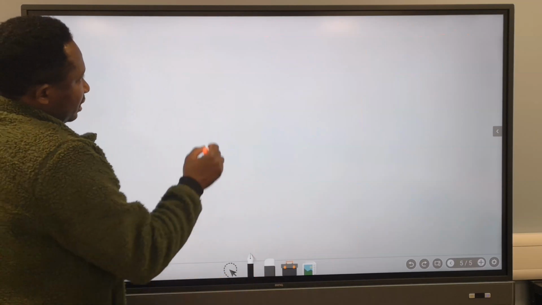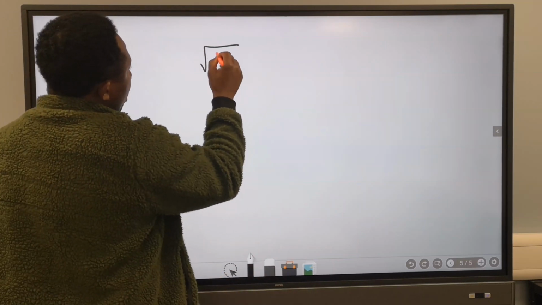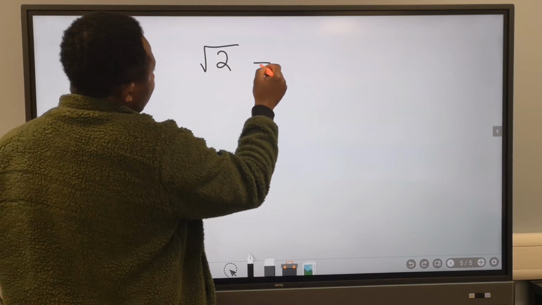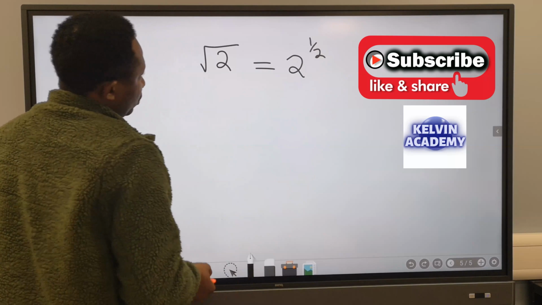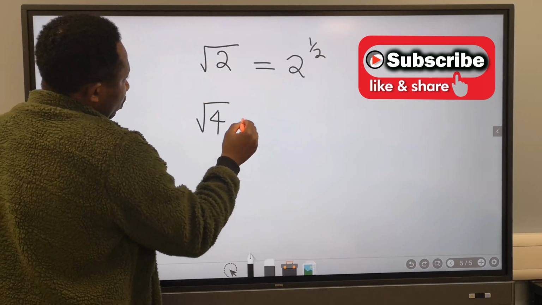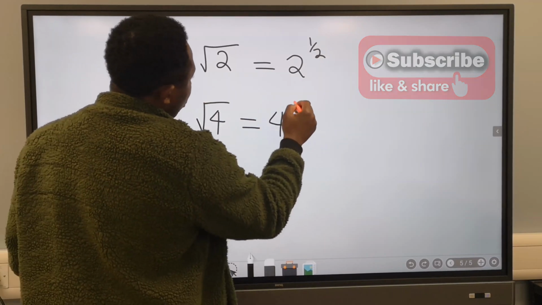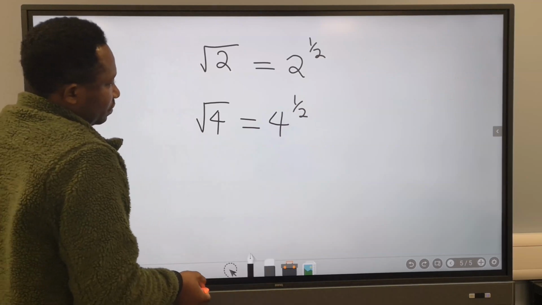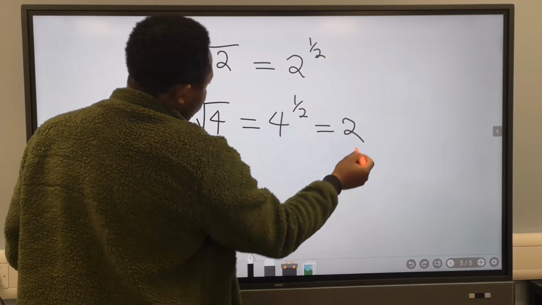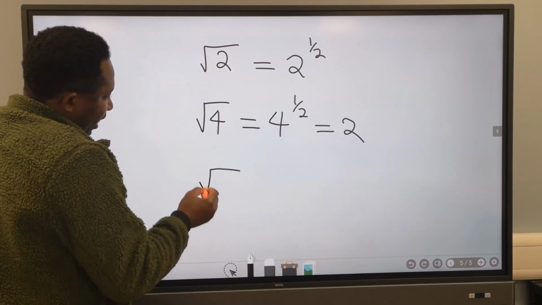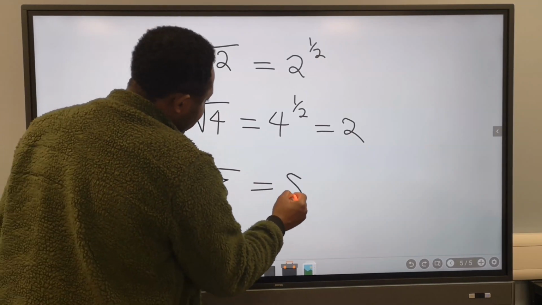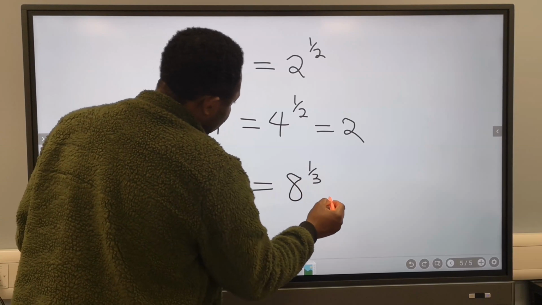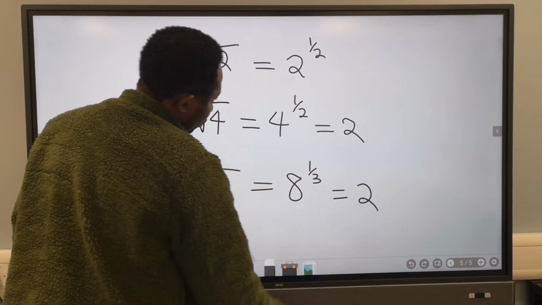In mathematics, if I have the square root of 2, this is the same thing as saying 2 to the power of 1 over 2. The square root of 4 is the same thing as saying 4 to the power of 1 over 2, and this is 2. The cube root of 8 is 8 to the power of 1 over 3, and the same thing as 2.